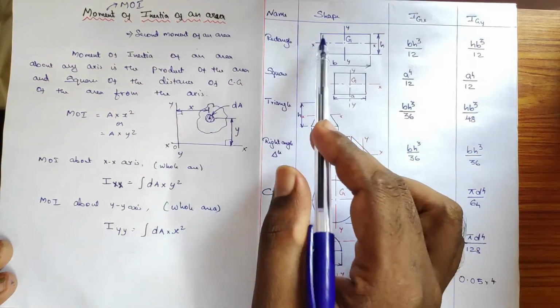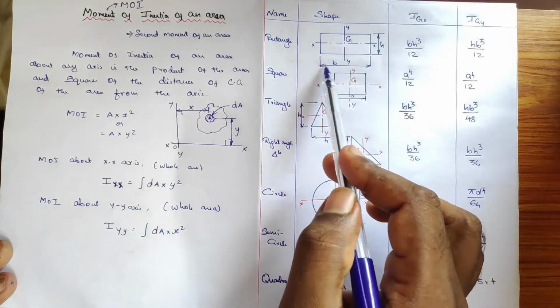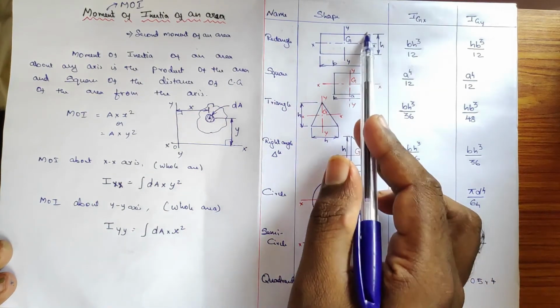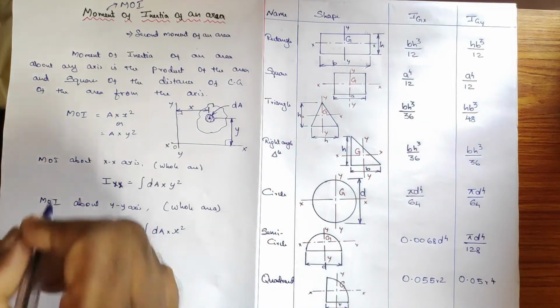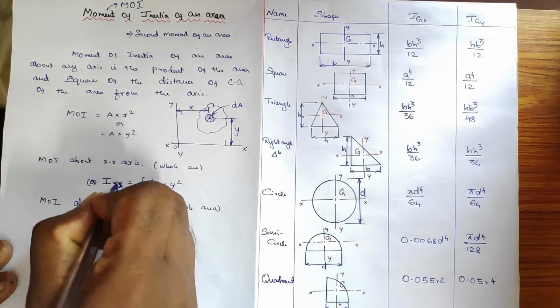Here is the rectangle, so we know the shape of it. Length I have taken as b and breadth I have considered as h.